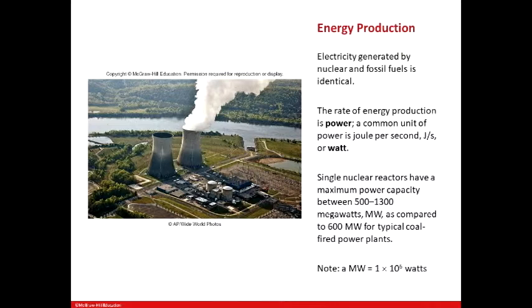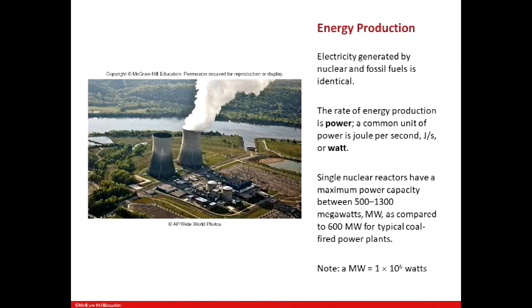So each power plant will put out a certain wattage. Single nuclear reactors have a maximum power capacity between 500 to 1,300 megawatts, as compared to 600 megawatts for a typical coal power plant. So does everyone now see why the availability and the potential for nuclear power is tremendous?